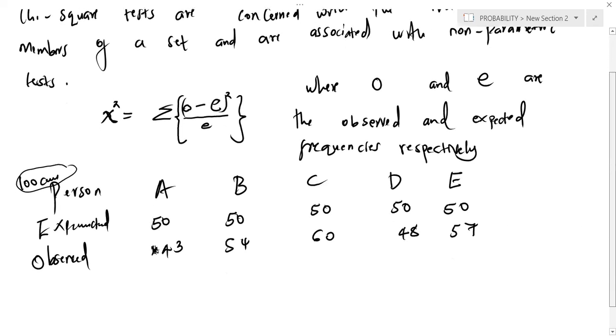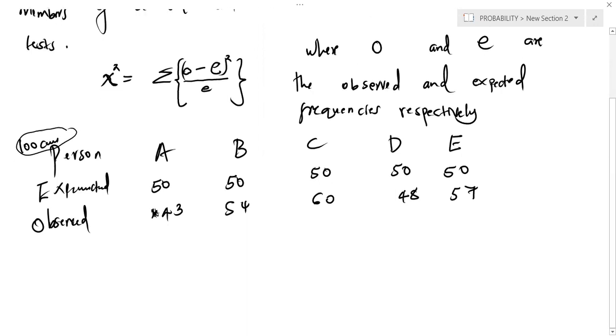So all we have to do is get, so this is what we're going to have. We're going to have our person here, and then we have the observed values.